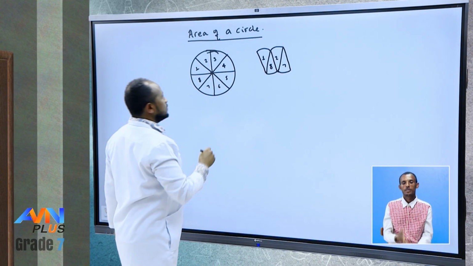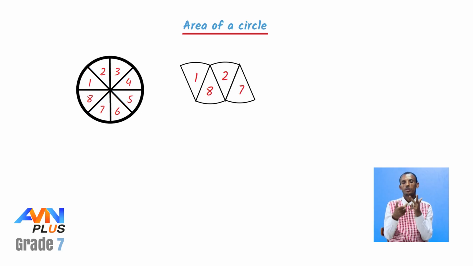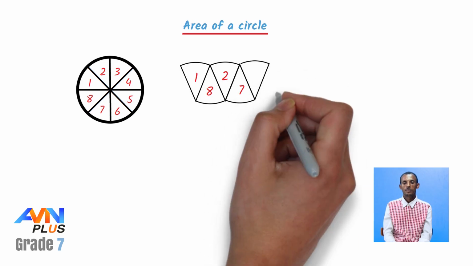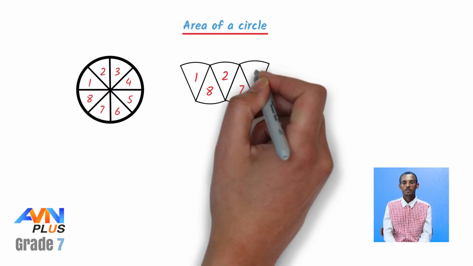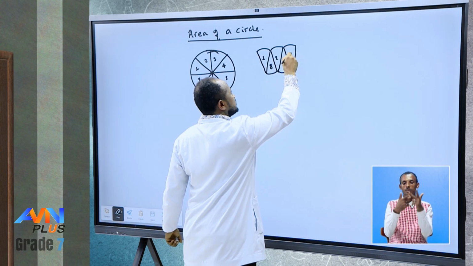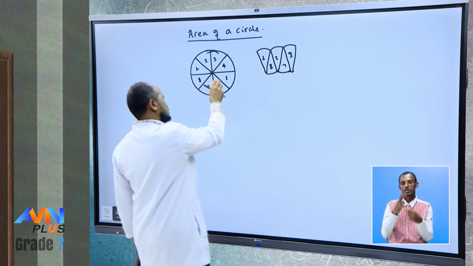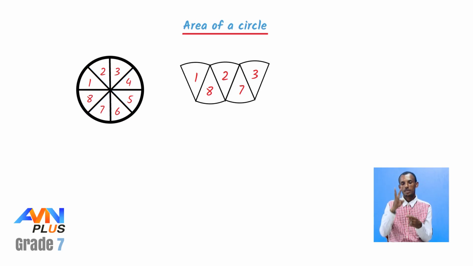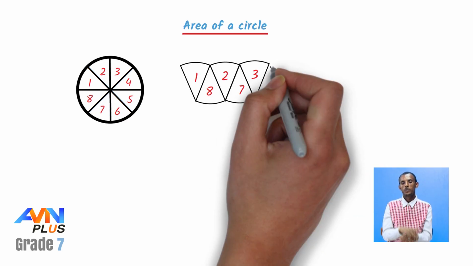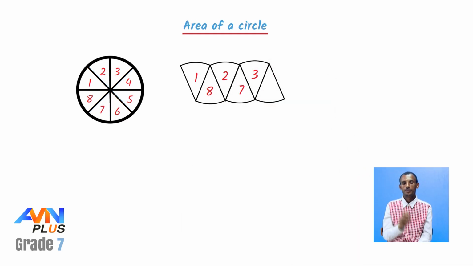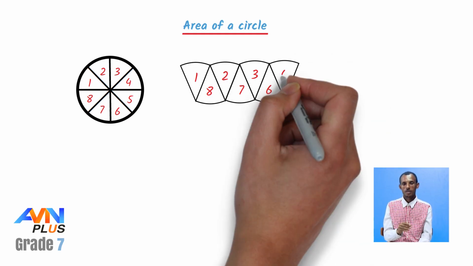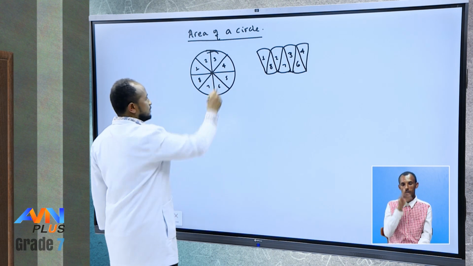Let's continue to the third piece. Let's put the third piece here, with piece 6 upward in this form. Okay, this one is 6, and the fourth piece, let's put it here, and let's take the fifth piece here.